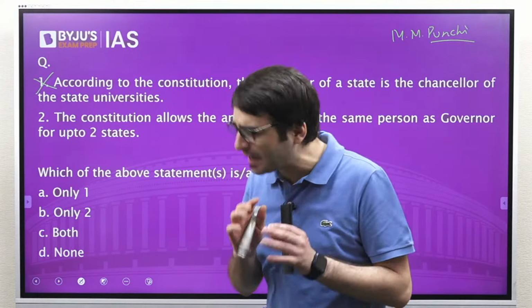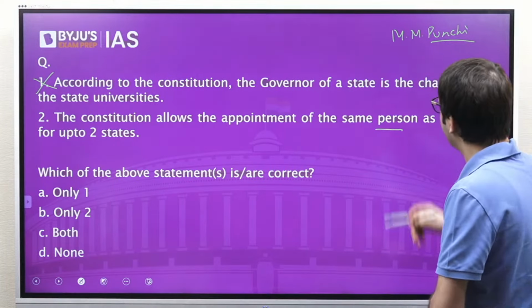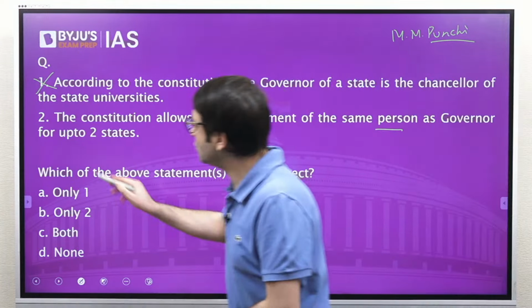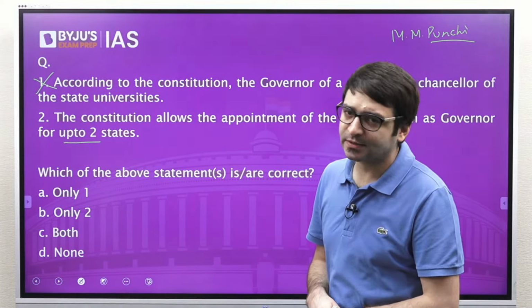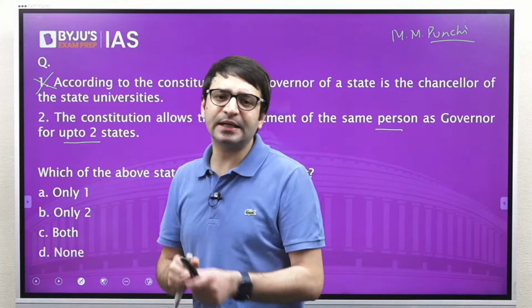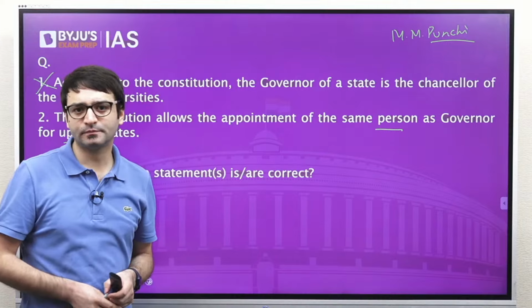This statement is incorrect. The Constitution allows the appointment of the same person as governor for up to 2 states. Is the statement correct or incorrect? Till the year 1956, we had one governor for one state.